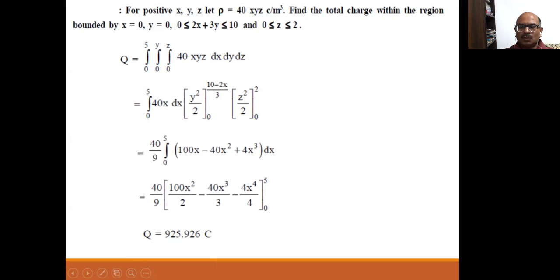Then we found that the total charge in the volume confined by these conditions is 925.926 coulombs. So I hope you understand how you can use the concept of volume charge density to find the total charge, and use the concept of volume confined in any condition.